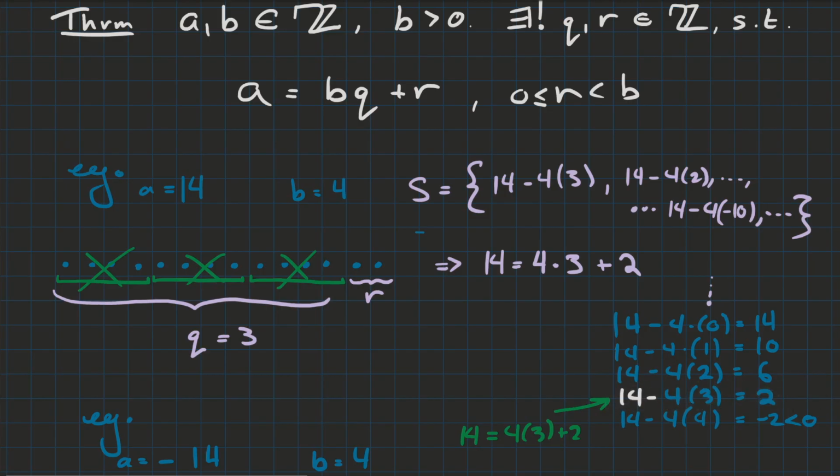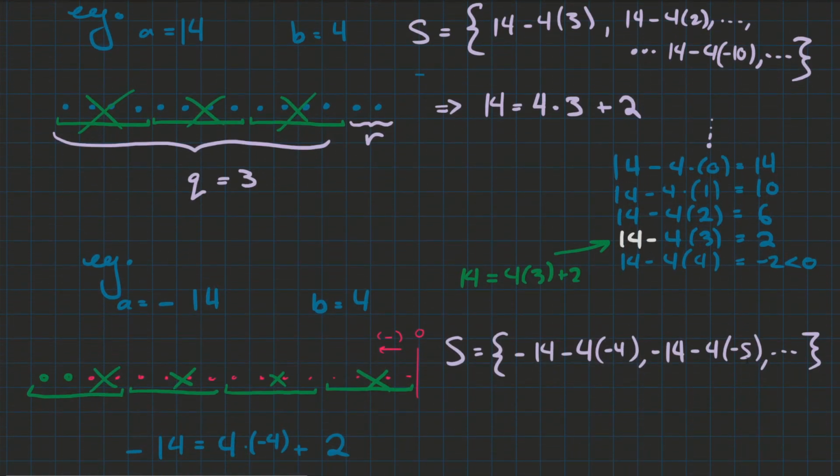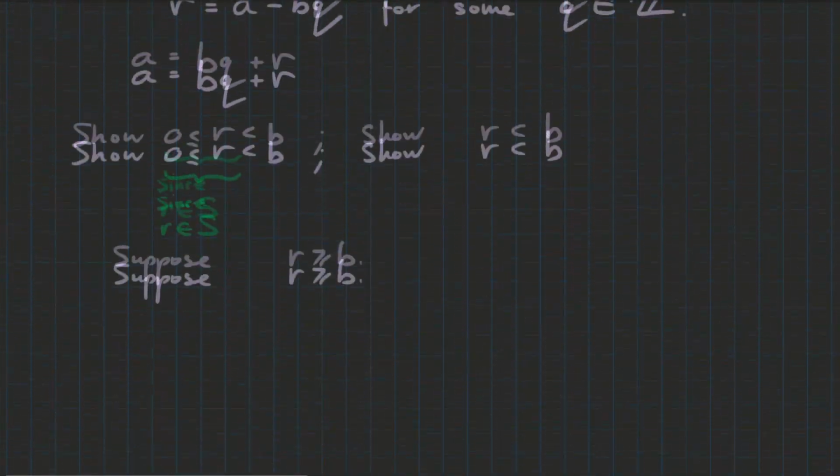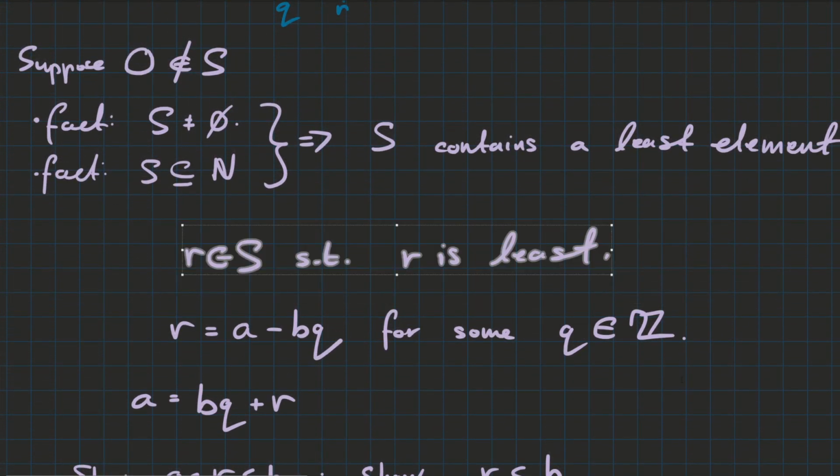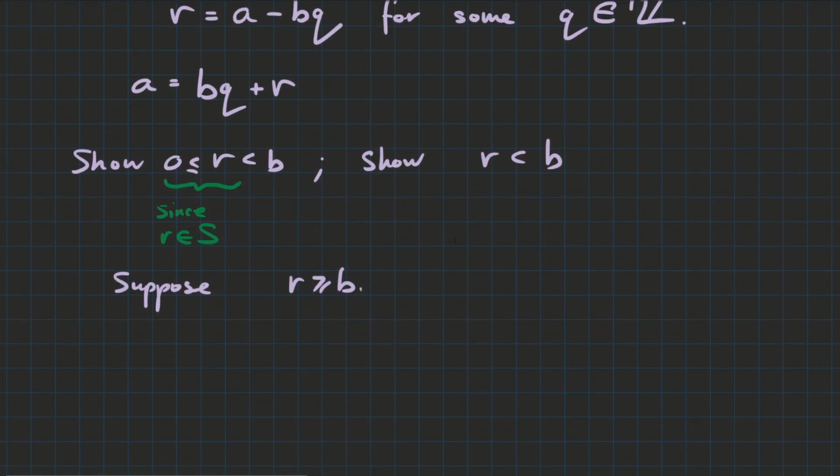So if that was the case, I don't really have the least element. So that's the contradiction. If R is bigger than or equal to B, then I didn't actually get the least element. But that contradicts the fact that R is the least element.